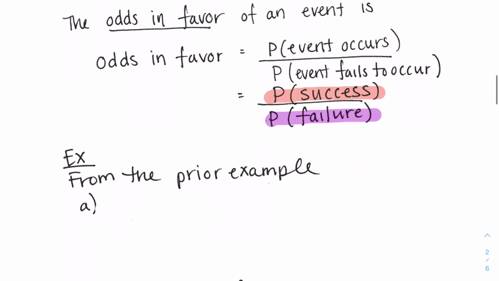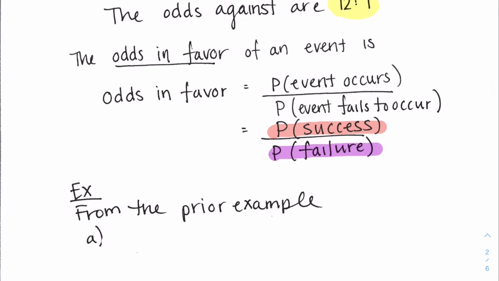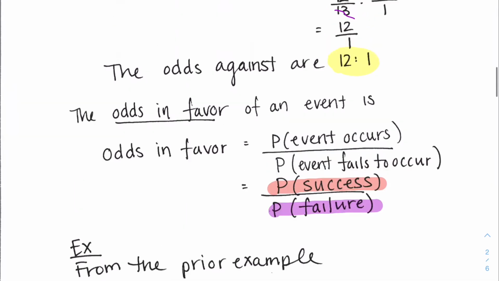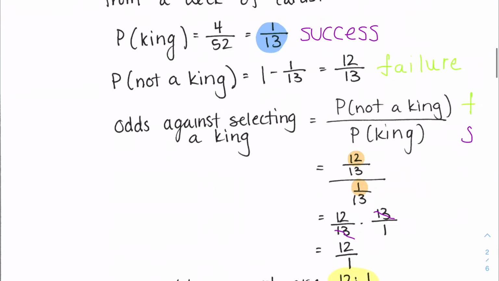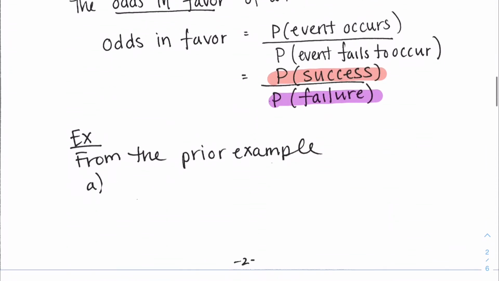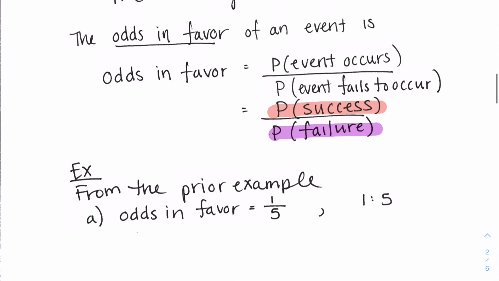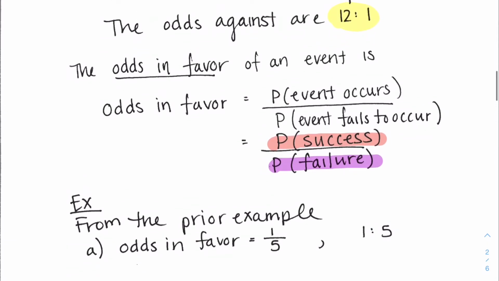So if you look at the prior two examples, if we scroll back up, the odds against rolling a 5 are 5 to 1. The odds in favor of rolling a 5 are 1 over 5. So there's a 1 in 5 chance. If you want the odds in favor of selecting a king, it's just going to be the reverse of that. So it's a 1 to 12 chance in favor of getting a king.